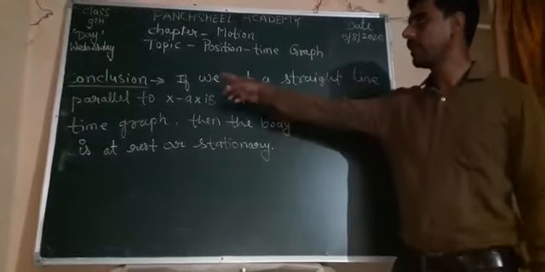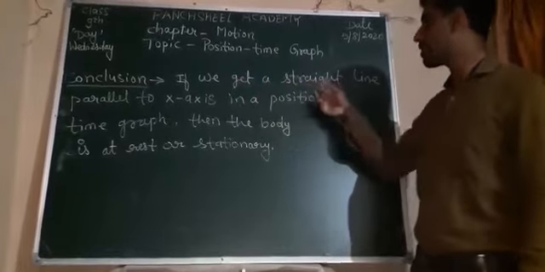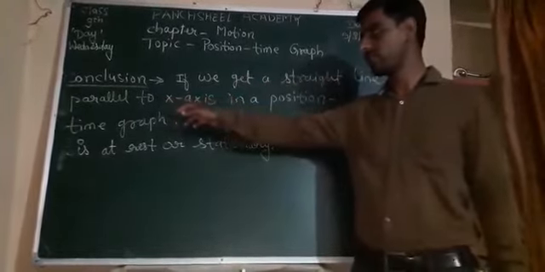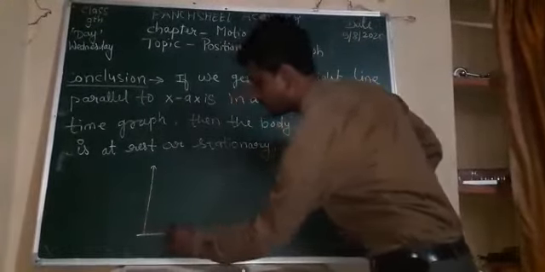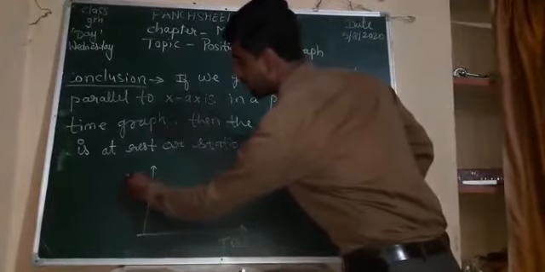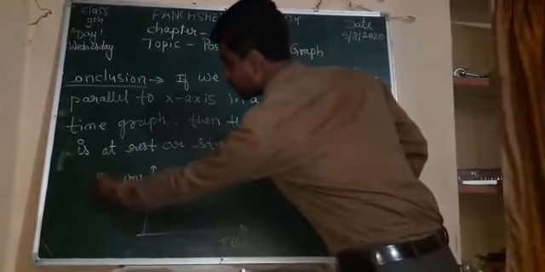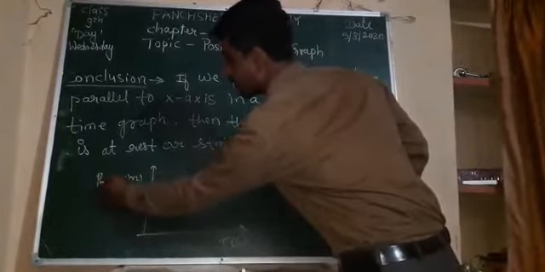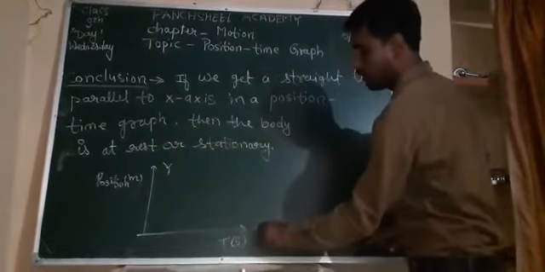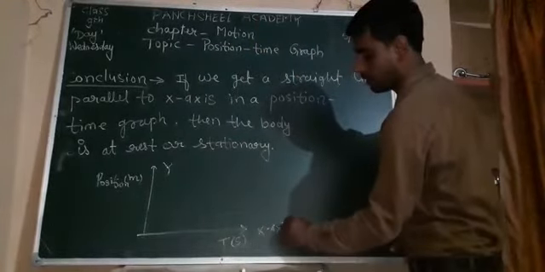If we get a straight line parallel to the x-axis, for example, this is the graph, with time in second along the x-axis and position in meter along the y-axis.